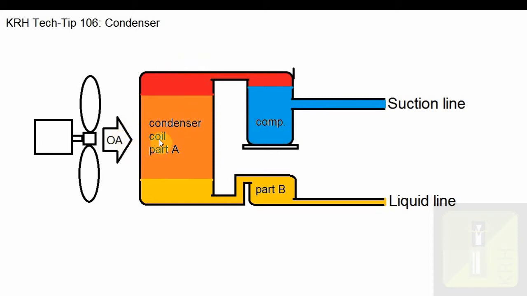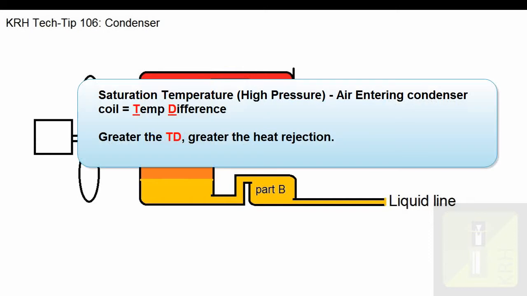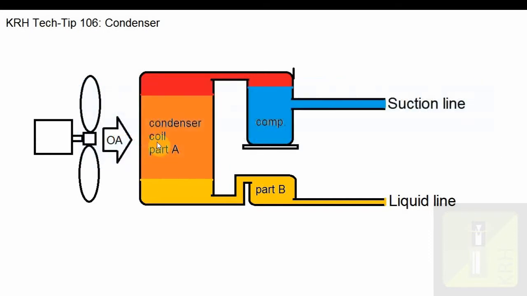Heat flow is directly proportional to the temperature difference between the air going over the condenser coil and the temperature of the refrigerant in the condenser coil. The greater that temperature difference, the greater the heat rejection. The other item that will affect head pressure is the amount of air that is blowing over the coil.